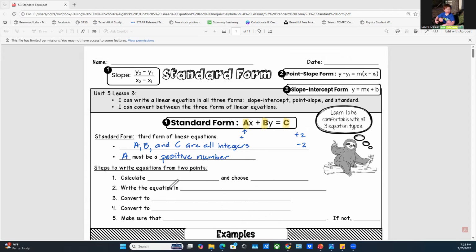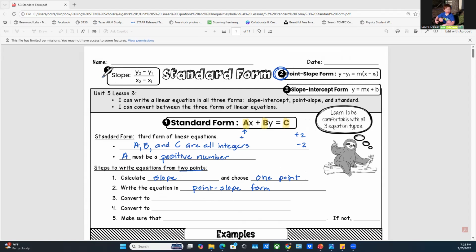Okay, so the steps to calculate these. First, if they have given us 2 points, we're going to have to calculate slope. This is our equation number one. We calculate slope, and then you choose just 1 point. If we know slope and 1 point, we can write the equation in point slope form. Point slope form is my equation 2.